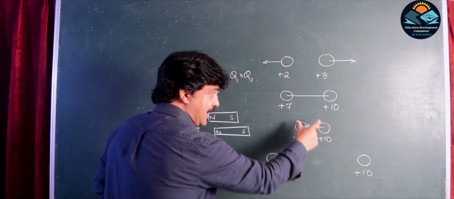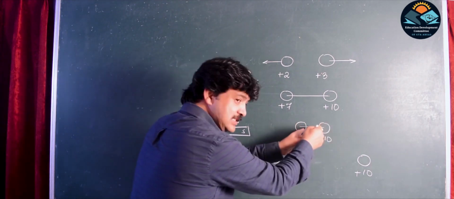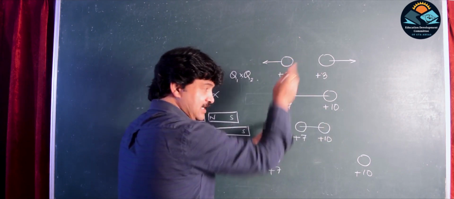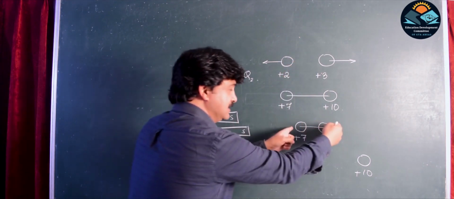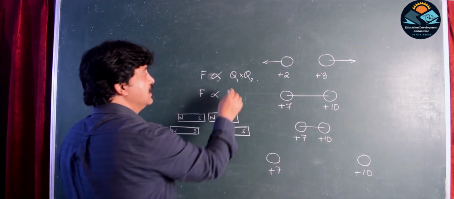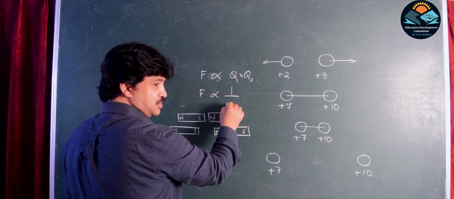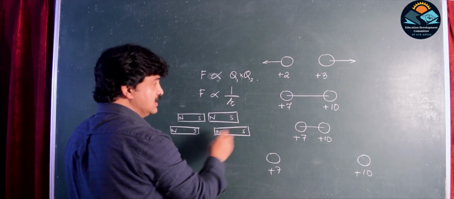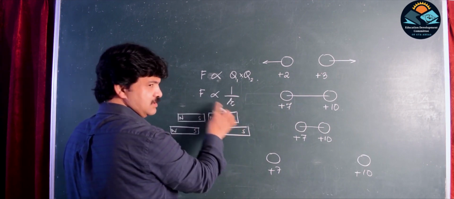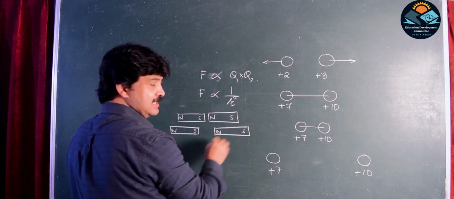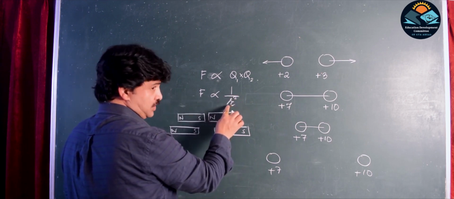As the distance decreases, force increases. That's just the opposite, and that relation is called inversely proportional, all right? So there is a certain relation, and it is experimentally found that the power is 2 here.